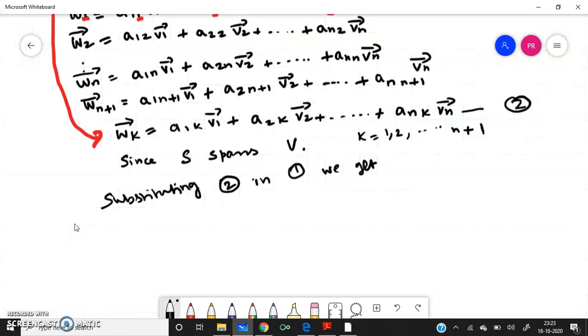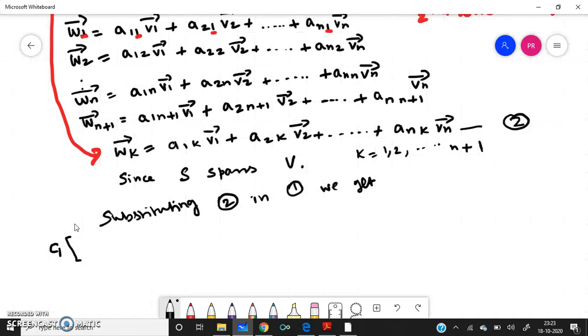So how will the equation become? What is my equation 1? C1. What is my W1? I'll do it like this, it will be easy for you. C1 W1. I'm not going to write W1 here.